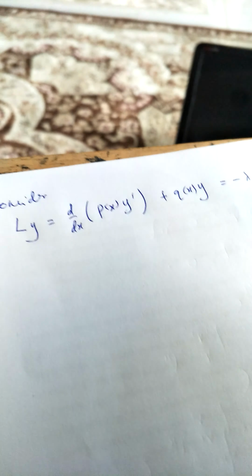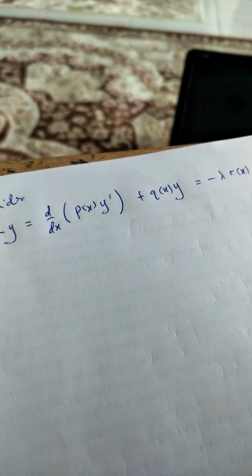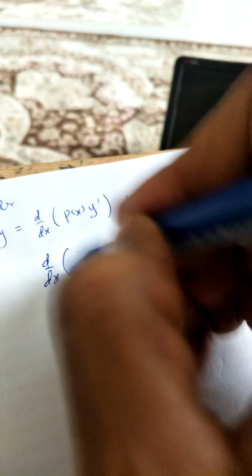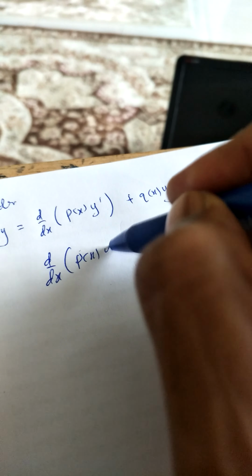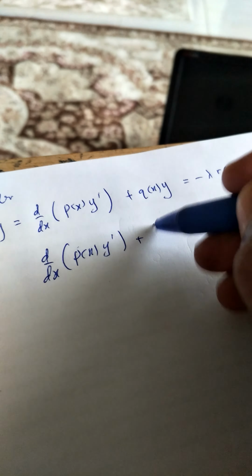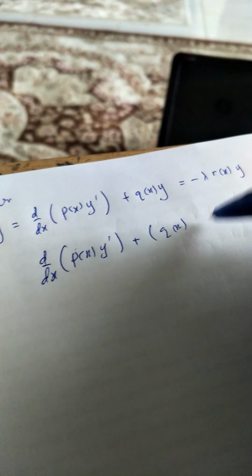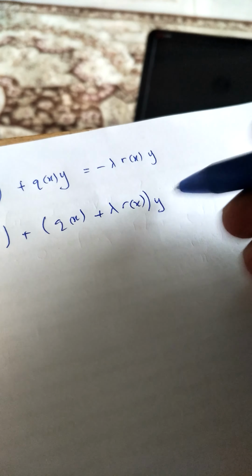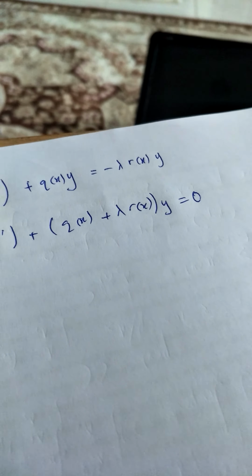you can bring that to the left side. You can write that as d/dx (p(x) y') plus, if you bring it to the left, q(x) plus lambda r(x), times y equal to 0. Just the same thing.